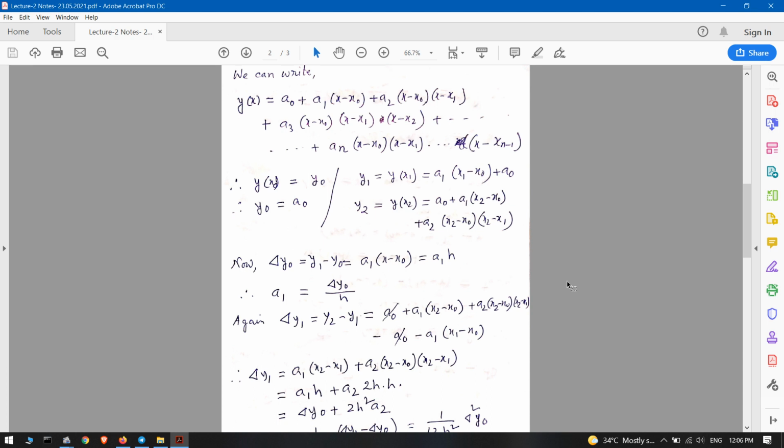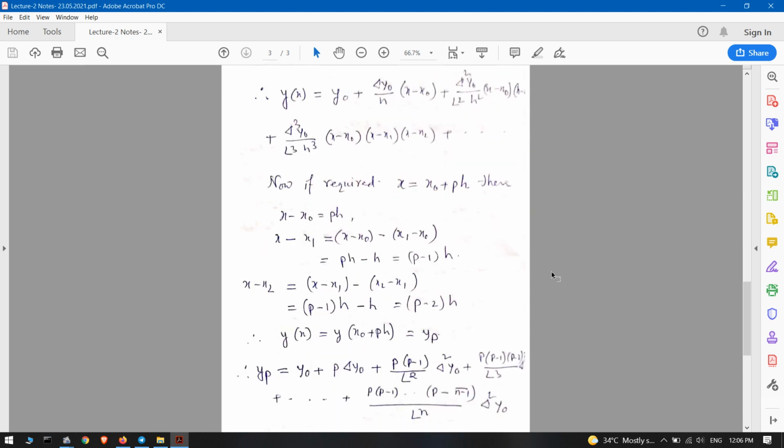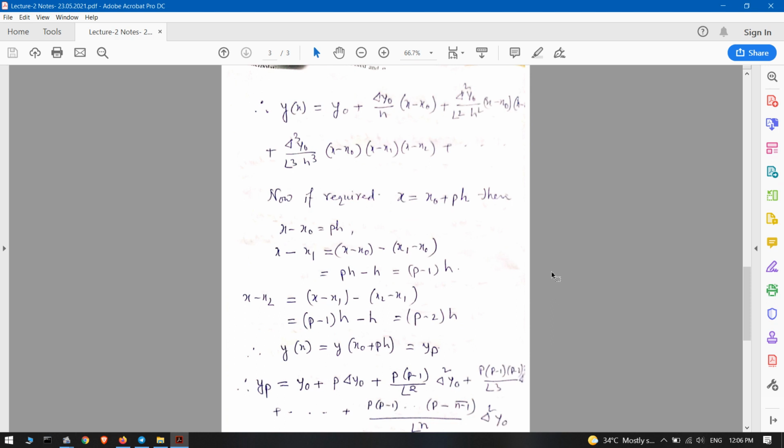You just put y2 equal to a0 plus a1 into x2 minus x0 plus a2 into x2 minus x0 into x2 minus x1, minus y1, which we have also calculated, that is y1 equal to a0 plus a1 into x1 minus x0. If we put those two values and evaluate this, then we can write del y1 equal to a1 into x2 minus x1 plus a2 into x2 minus x0 into x2 minus x1.